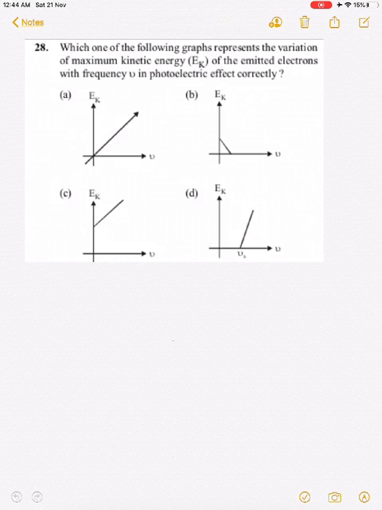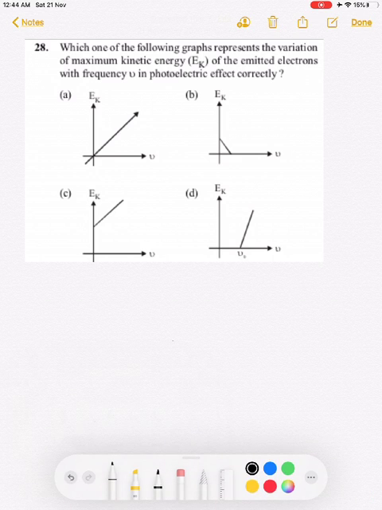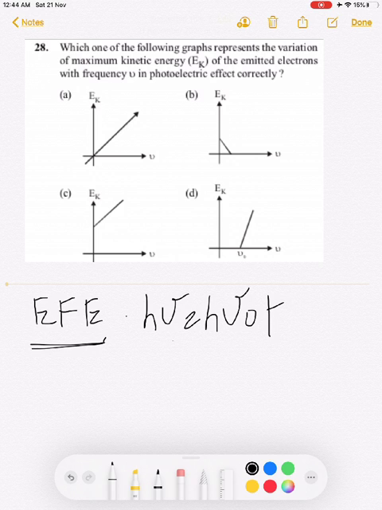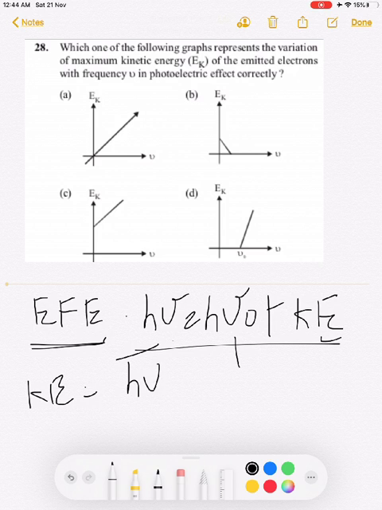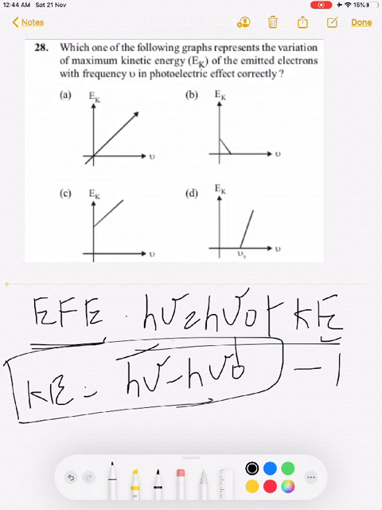As we have discussed earlier, Einstein's photoelectric equation is h mu equals h mu naught plus kinetic energy, where h mu is the initial energy, h mu naught is the threshold energy, and there is the kinetic energy. Now we know that the kinetic energy is equal to h mu minus h mu naught. This is an important formula.